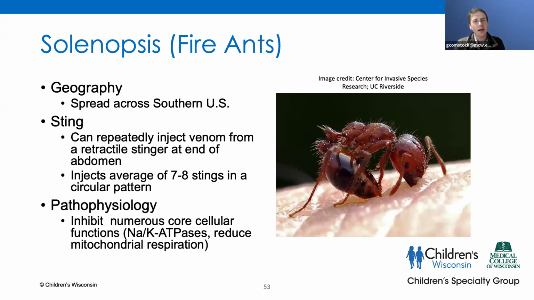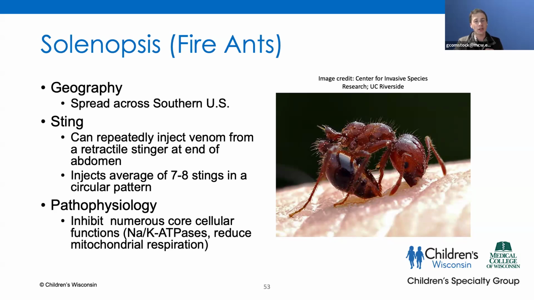And then our last critter to go through for this talk is the fire ants. These are spread across the southern United States. They sound terrifying. They can repeatedly inject venom from a retractile stinger at the end of their abdomen, and on average can deliver 7 to 8 stings in a circular pattern. The comment in Olson's is that within seconds to minutes, you can receive thousands of stings with accidental intrusion into one of their dwellings.